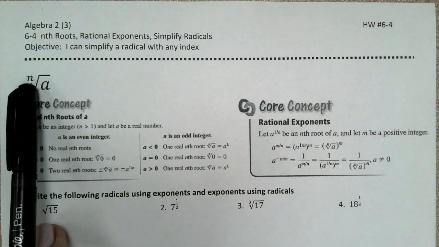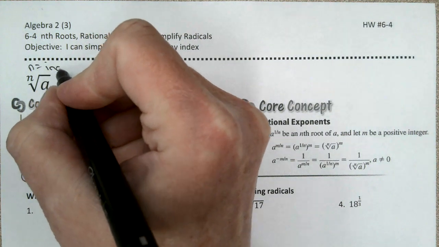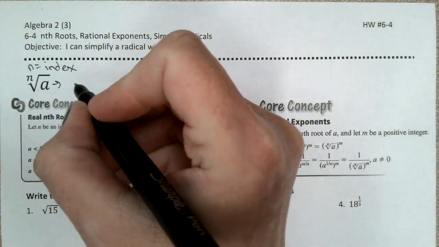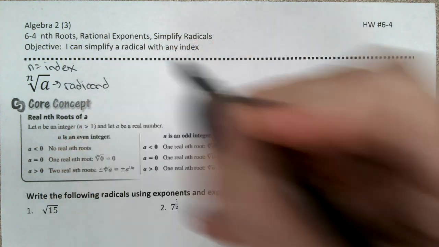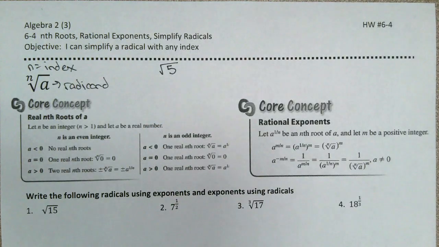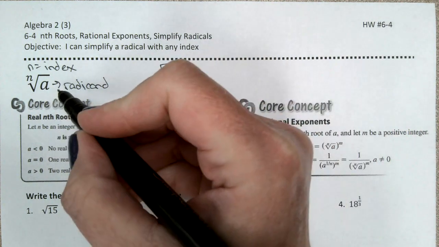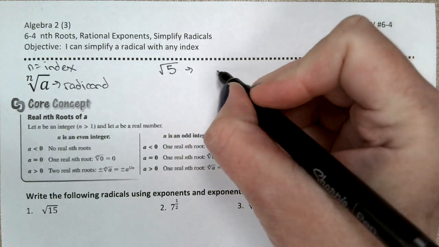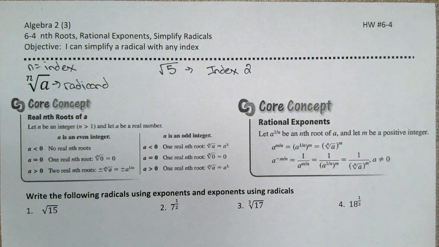If you have a radical that looks like this, the n is called the index, and the a is called the radicand. If you have the square root of 5, and there is no number where this n is, that means there's an implied 2, and your index is 2.